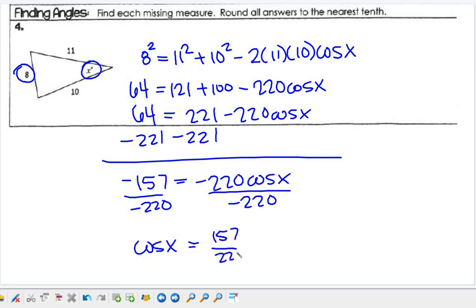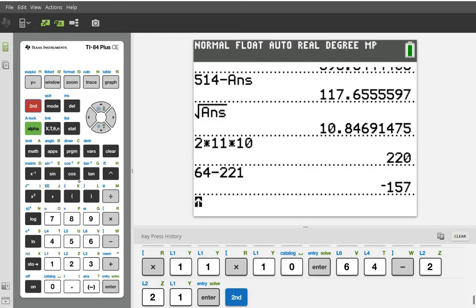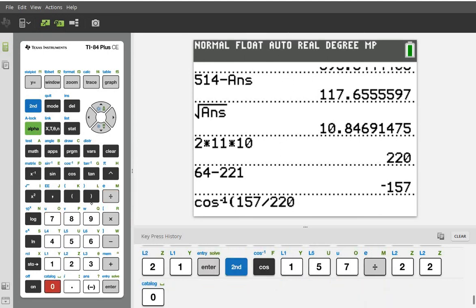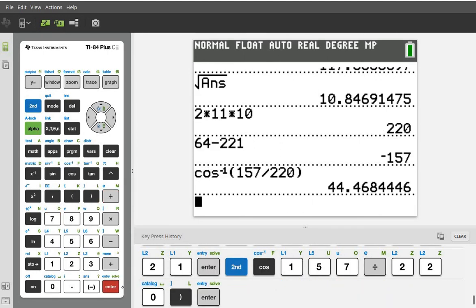So I have cosine of x is equal to 157 over 220. Now, just like when we're finding an angle measure with sine, with cosine, we want to do cosine inverse of 157 over 220, and that's going to give me x. So x is approximately equal to, we'll go to our calculator, second cosine, gives you the inverse, and that would be 157 divided by 220, because two negatives make a positive, right?